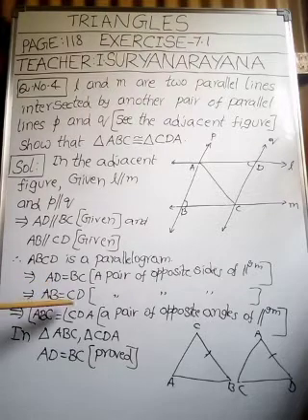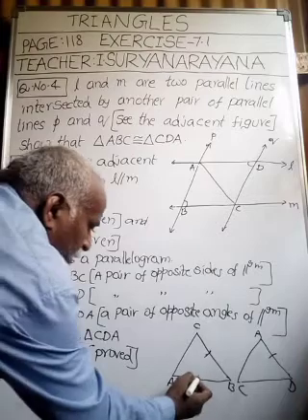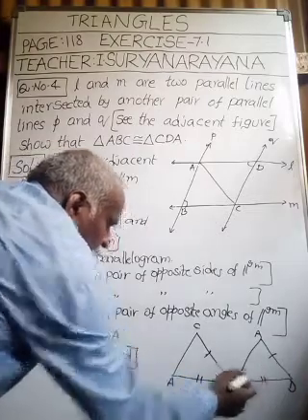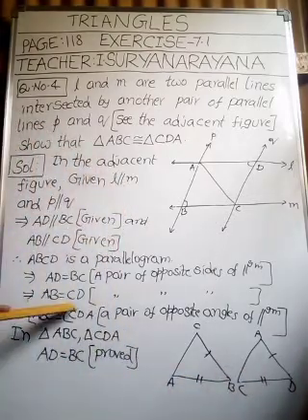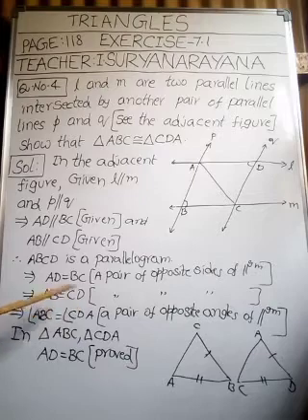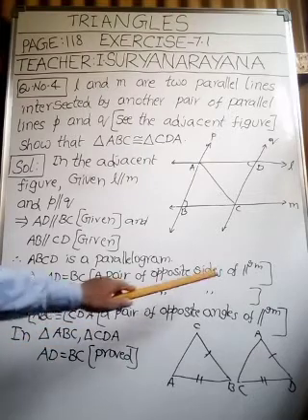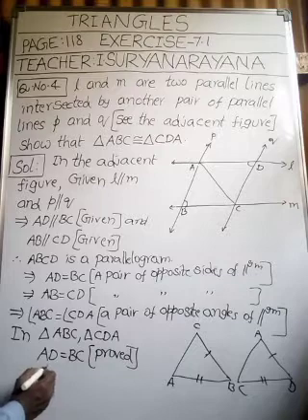Next, AB is equal to CD. This is also proved here. These two sides are also a pair of opposite sides of a parallelogram.